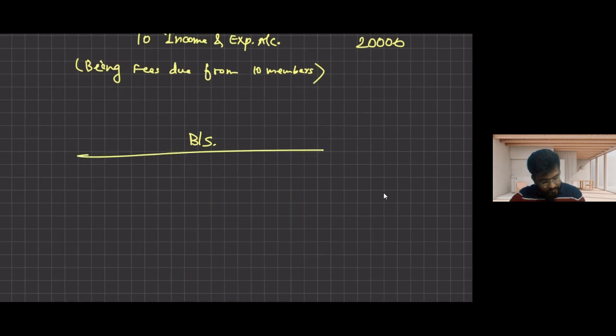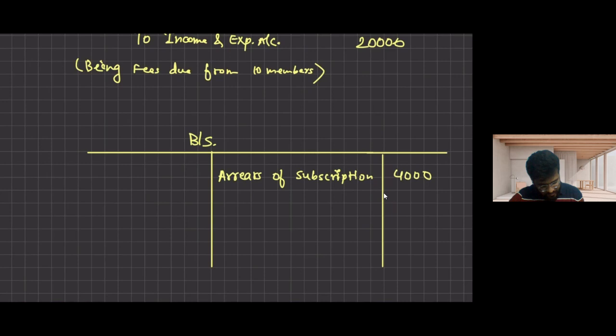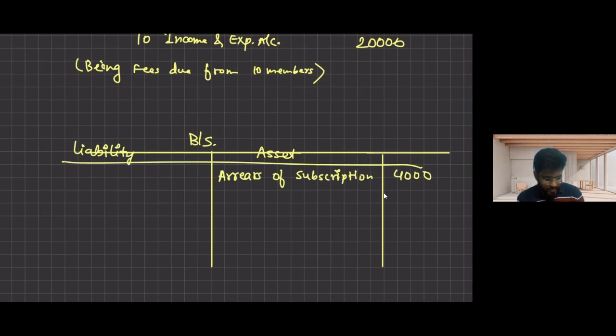As arrears of subscription. On the asset side, it would be 4,000 rupees. This is your asset side. This is your liability side. Okay, so accordingly, this will be shown in your balance sheet as arrears of subscription.